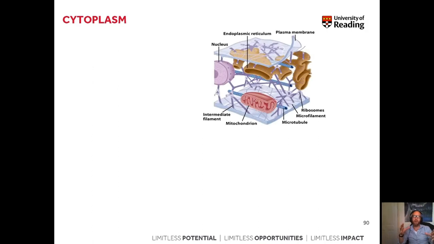So, how about the cytoplasm? I remember quite a while ago as a student, I had a very naive view that the cytoplasm is actually a liquid. However, as you can see here, the cytoplasm is actually quite densely packed. You can see a lot of organelles within the cytoplasm.